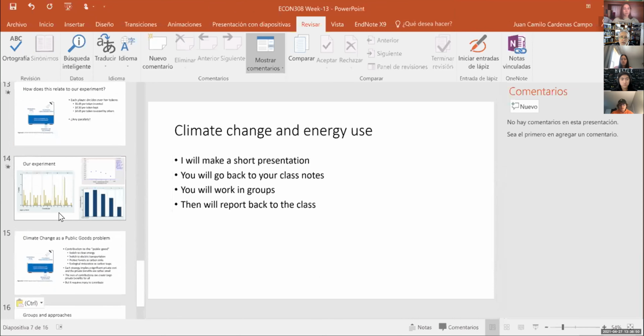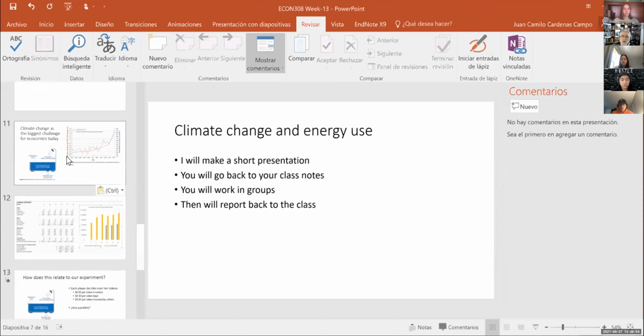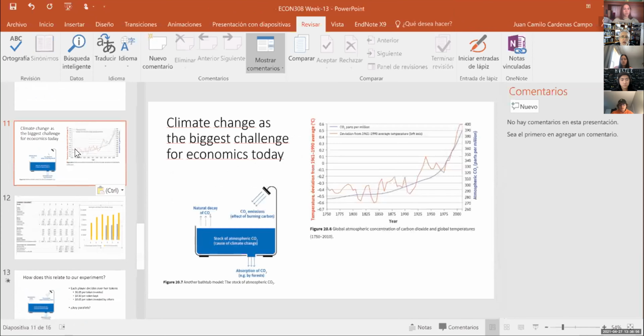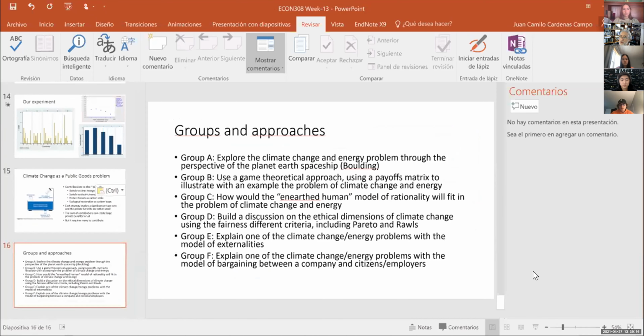And so with that in mind, the idea is to talk about climate change as one of the biggest challenges we have today, and particularly with respect to energy use. And you will have time to discuss among yourselves on these issues, and these are the issues in particular.